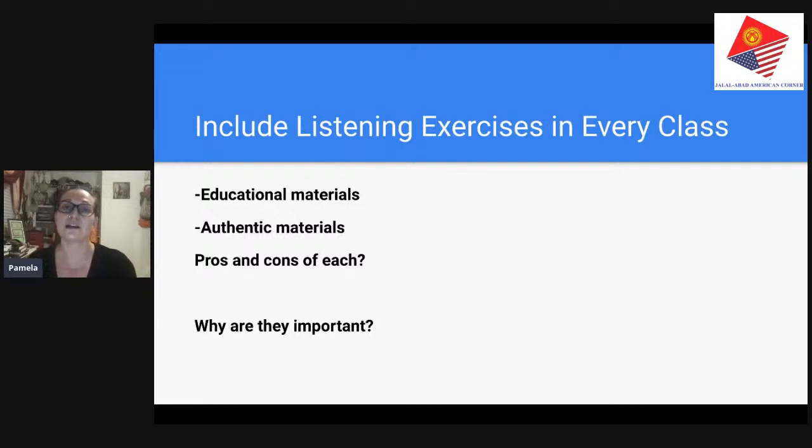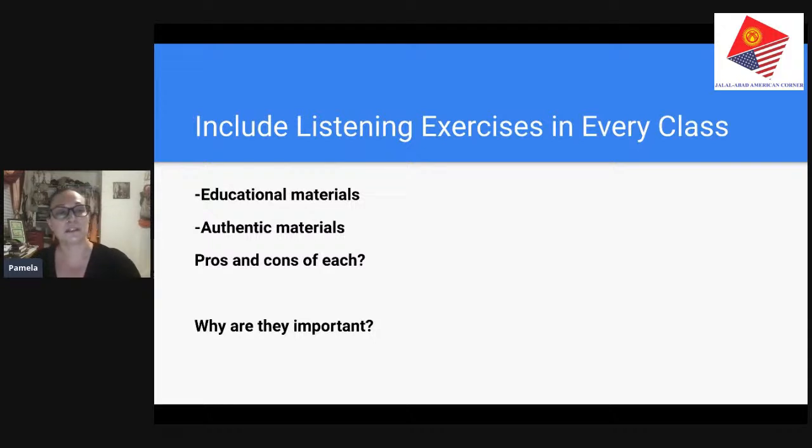The dialogues are kind of forced, but again, the students are going to understand everything if it's at the right level. Authentic materials, that is natural speech. If you can consume and understand authentic materials, you are ready to go to a native English speaking country or to get a job where you're dealing with that language and you need a high level of fluency.